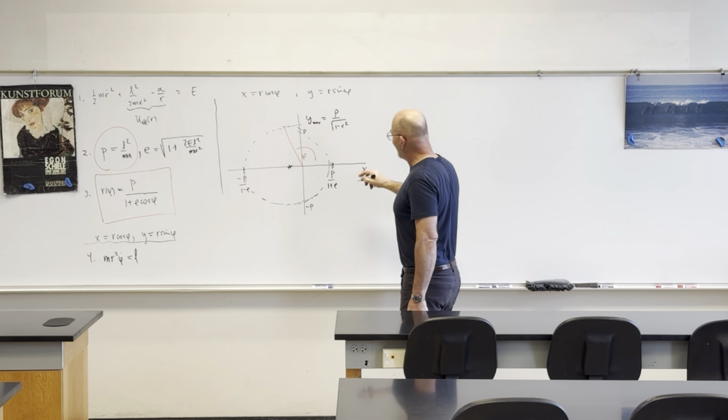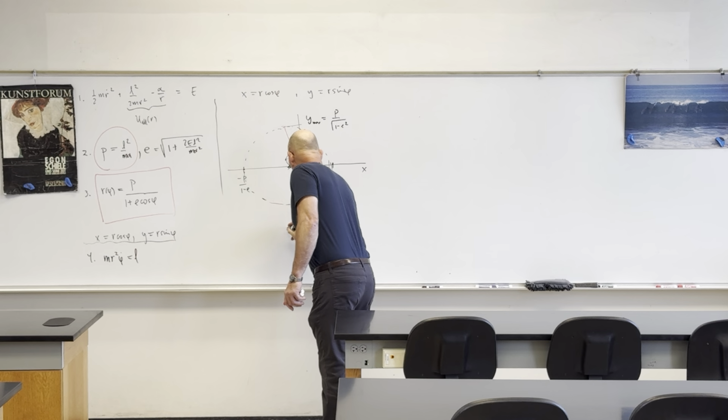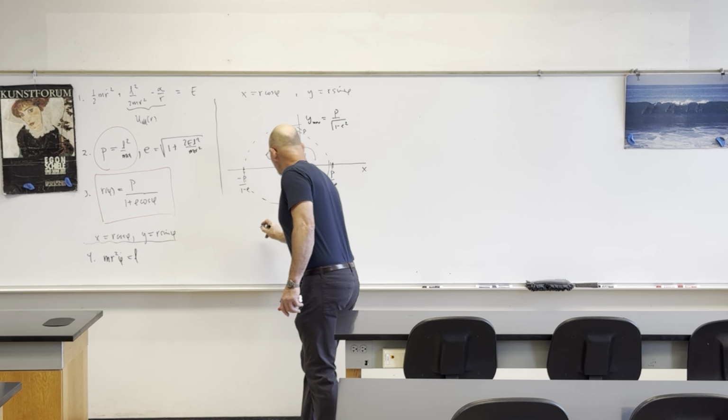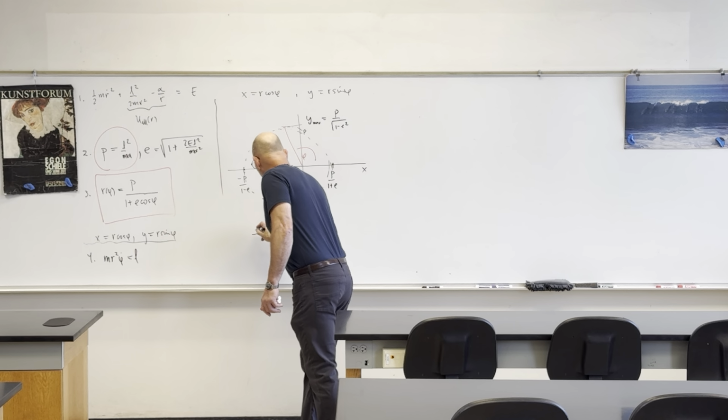So now what we have is, we haven't shown this yet, but this is going to be the semi-major axis of the ellipse, and this is going to be the semi-minor axis. Because this first one corresponded to R min.